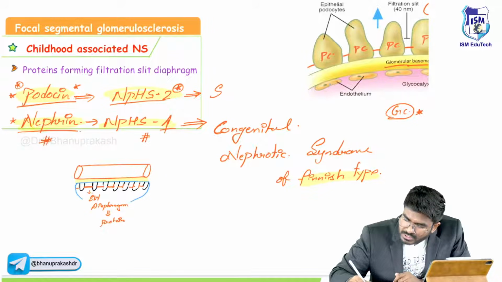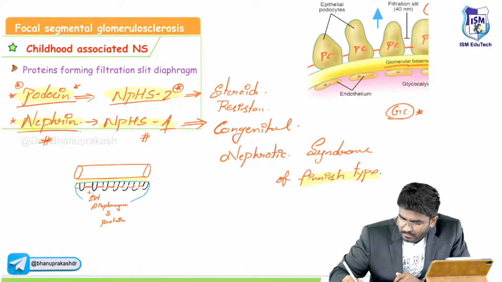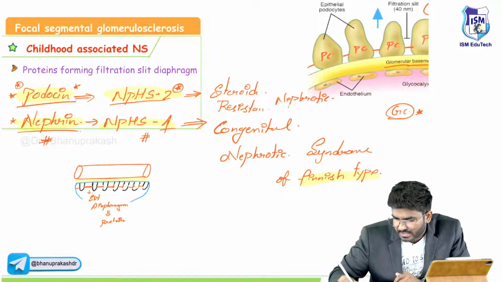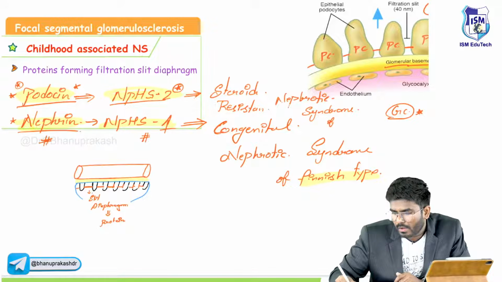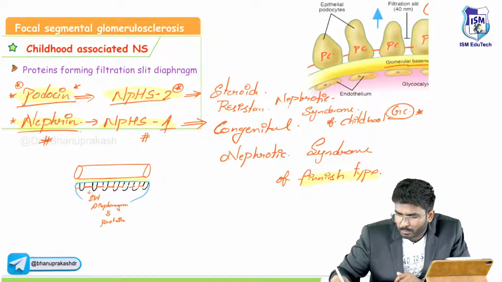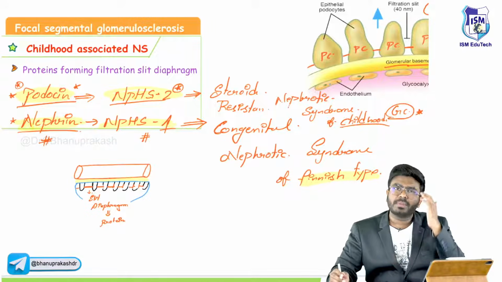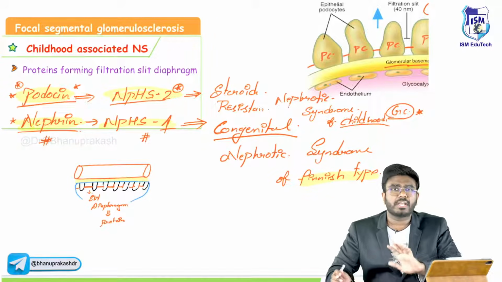This is called steroid resistant nephrotic syndrome of childhood onset. Both are going to be there from childhood itself.